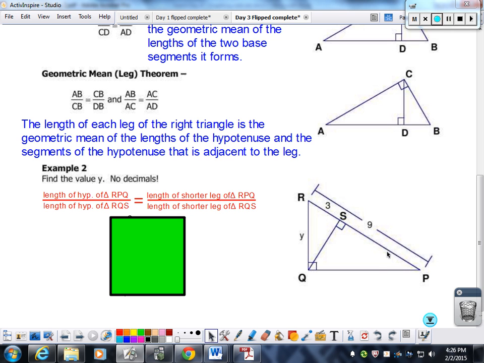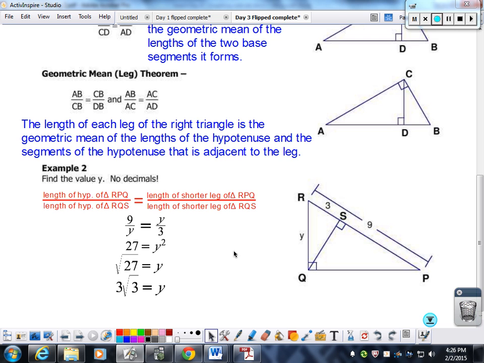So 9 over y equals y over 3. If we cross multiply, 9 times 3 is 27, y times y is y squared. We take the square root of 27, which reduces to 9 and 3. The square root of 9 is 3, so 3 comes out, and we have 3 square roots of 3.